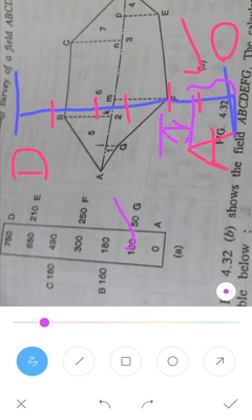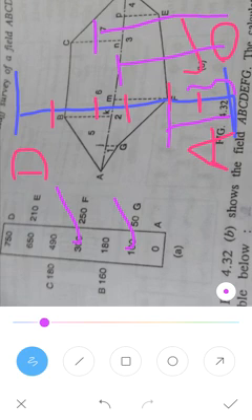Like that, the intermediate points. Sorry, not from here, second point, from here to here it is 180 meter. Next, from here to here it is 300 meter, written here. From here to here, that is 490 meter. From here to here, that is 650 meter, written here.